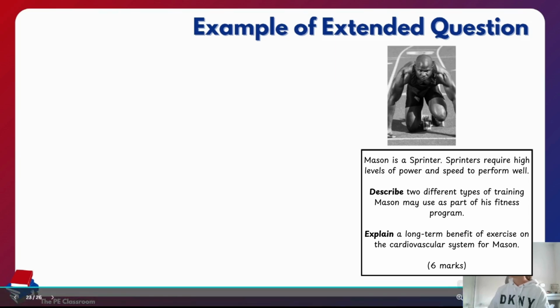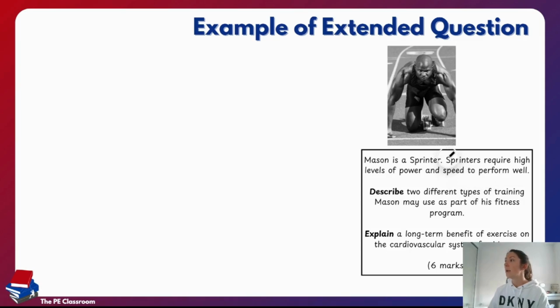So I'm just going to take a highlighter and we're going to highlight key parts of the question so we can identify what it is we need to do. We know the sport that we're talking about is a sprinter. A bit of key information it gives us is they need power and speed, so that might be something we need to refer to.